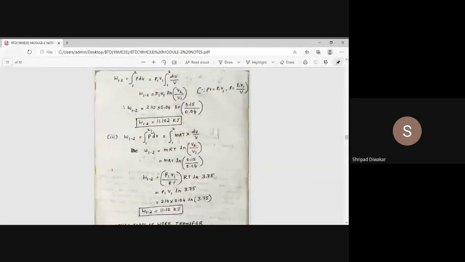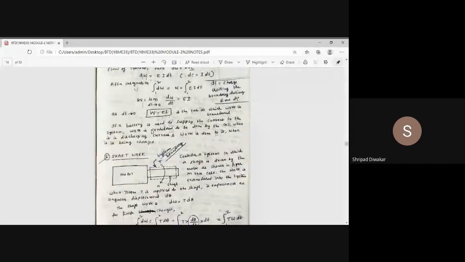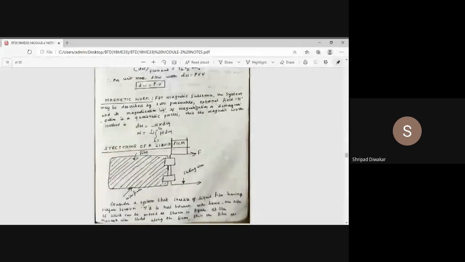Now, in this class, I'm going to solve some numerical problems on work transfer.